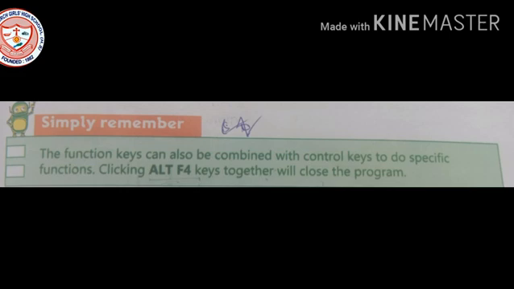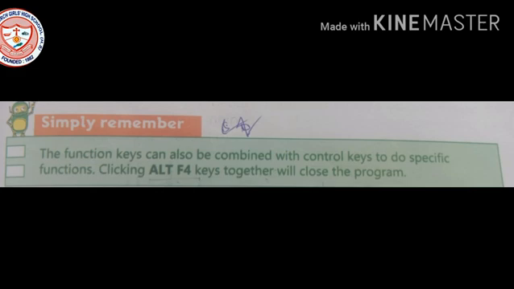Clicking Alt F4 keys together will close the program. Alt means alternate key and control shortcut is CTRL. So when we press Alt F4 together, it will close the program. Clear? You have to remember this very carefully.